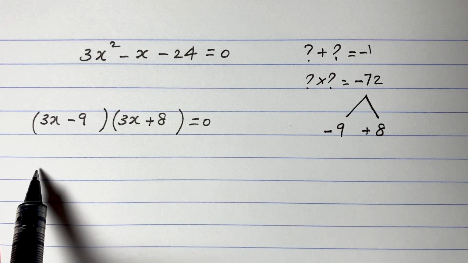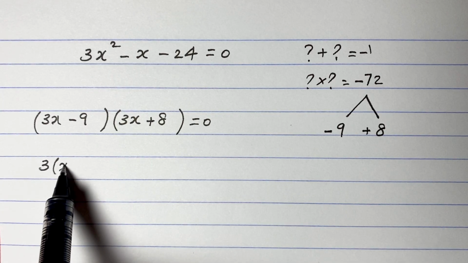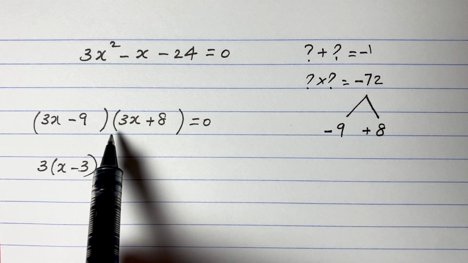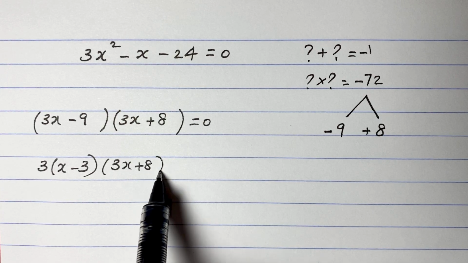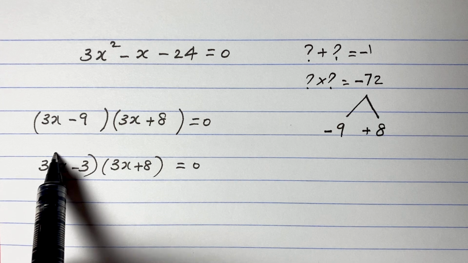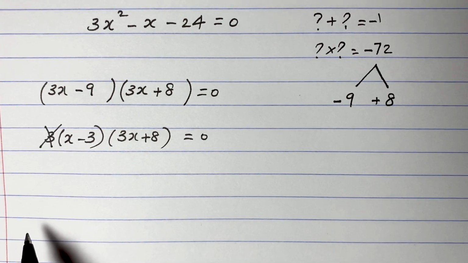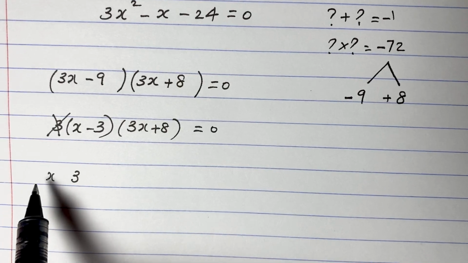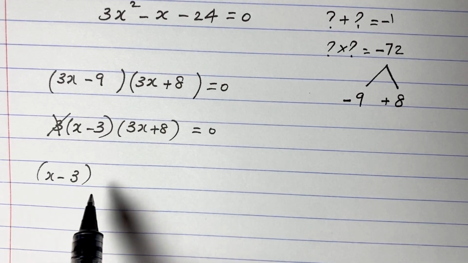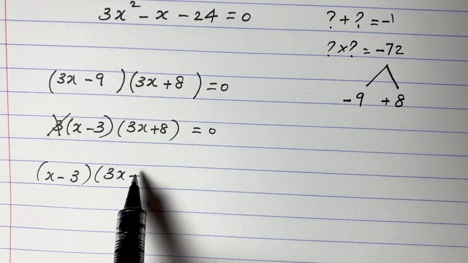The first bracket, we can factorize a 3. The second bracket, there's nothing I can factorize. Then get rid of that. So we have x minus 3 times 3x plus 8 equals 0.